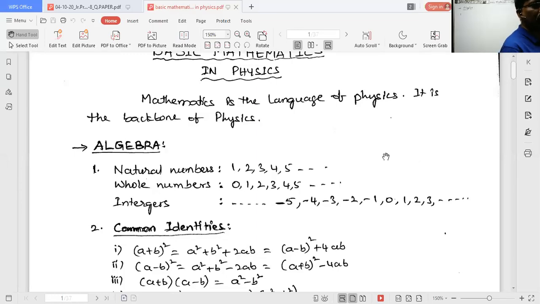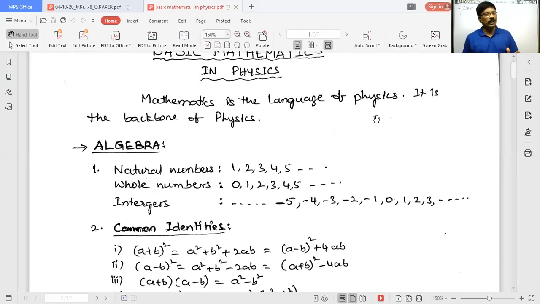Countable numbers means 1, 2, 3, 4, like the running numbers. They are called natural numbers. Whole numbers means including 0. But in natural numbers, 0 is not included because we cannot count 0. We cannot say this is 0, 1, 2, 3 like that. From 1 only we are counting.